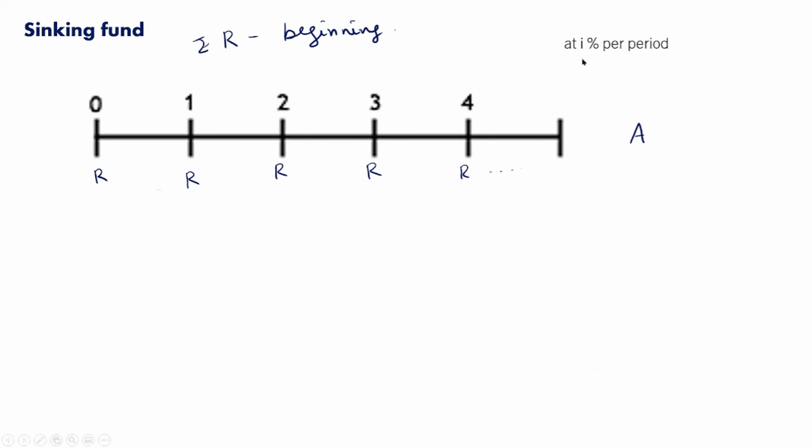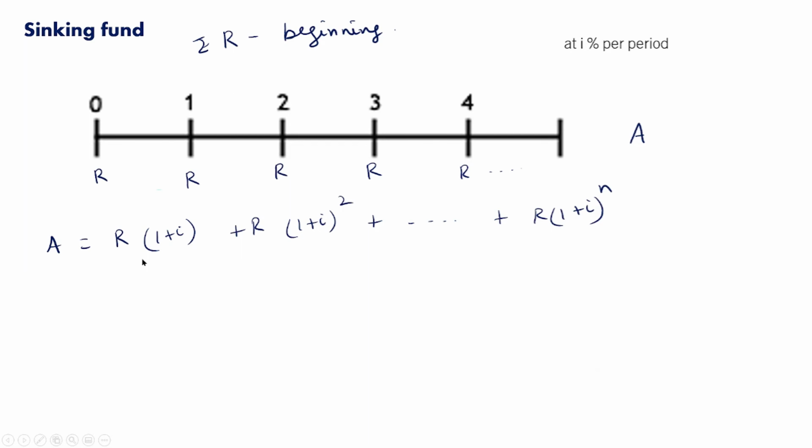And if i is the rate per period, then we have A is equal to R into (1 plus i) plus R into (1 plus i) the whole square, and so on, up to plus R into (1 plus i) the whole raised to n.